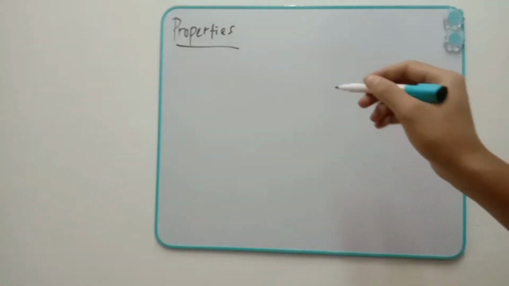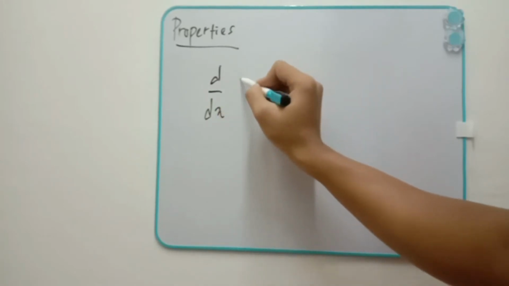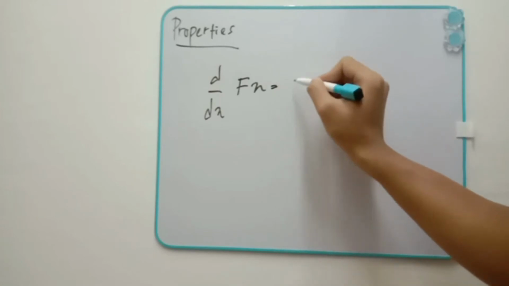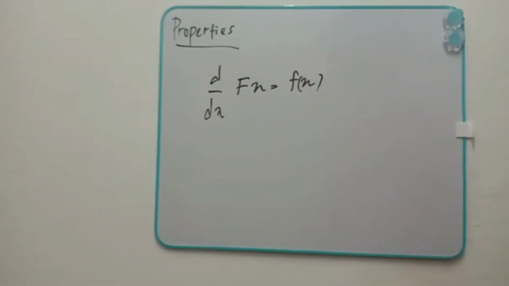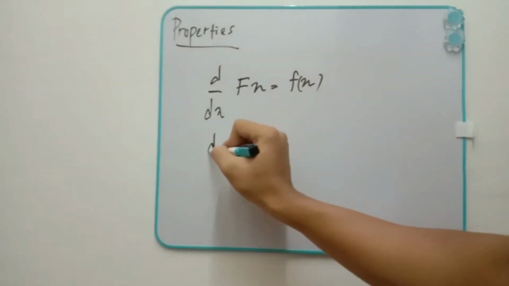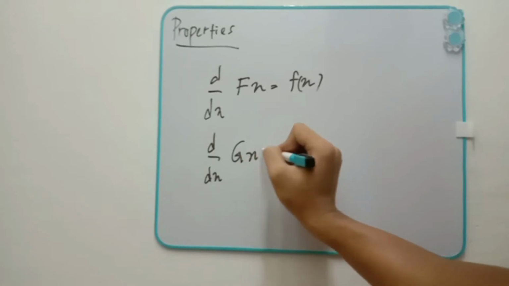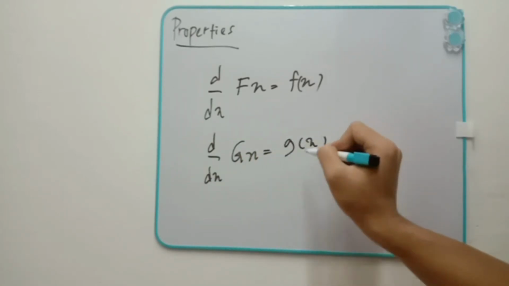So we know that when we differentiate F(x), it will become f(x). When we differentiate G(x), it will become g(x).